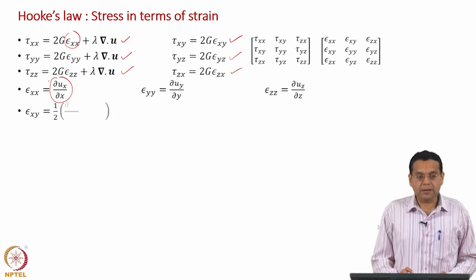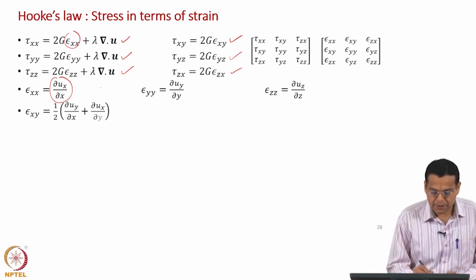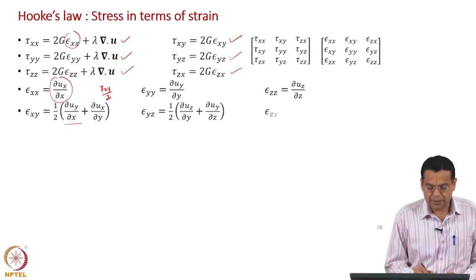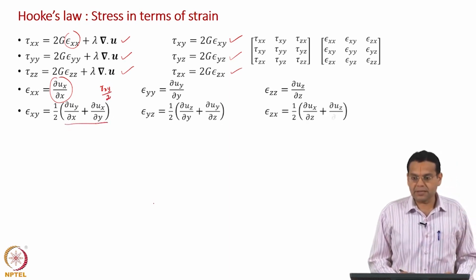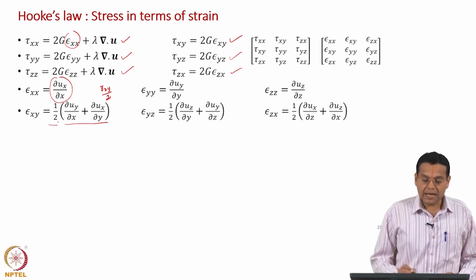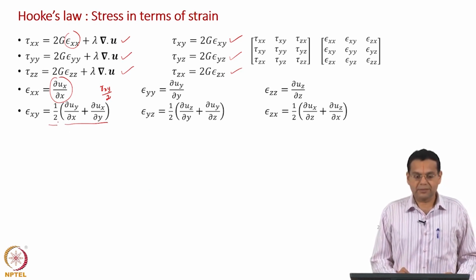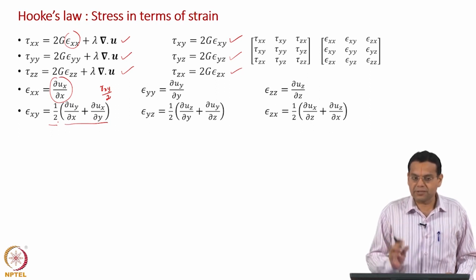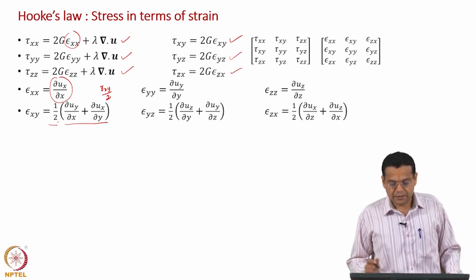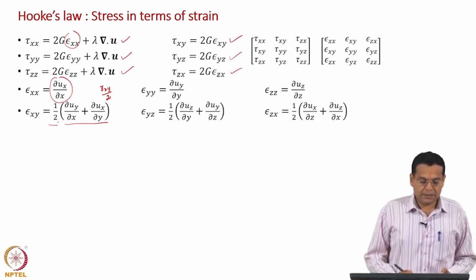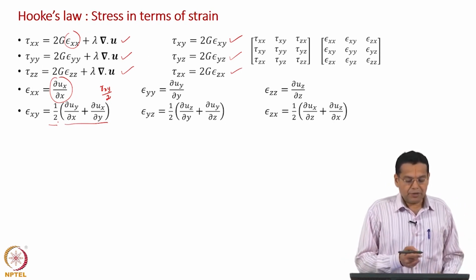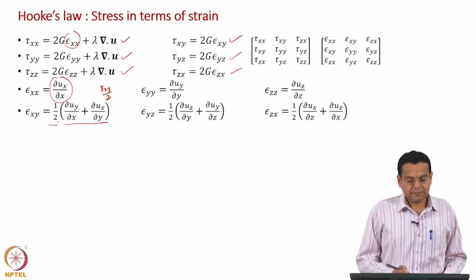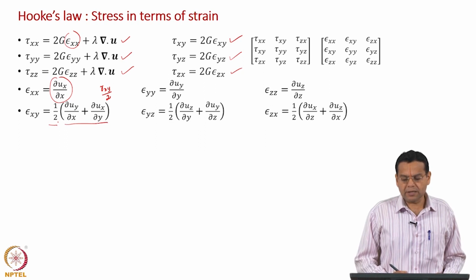And what about epsilon xy? Remember, it is gamma xy by 2, where gamma xy is the shear strain, and epsilon xy is half of the shear strain. Keep emphasizing that epsilon xy is half of the shear strain. Why do we express this? We do not express tau xy in terms of gamma xy, we express tau xy in terms of epsilon xy.